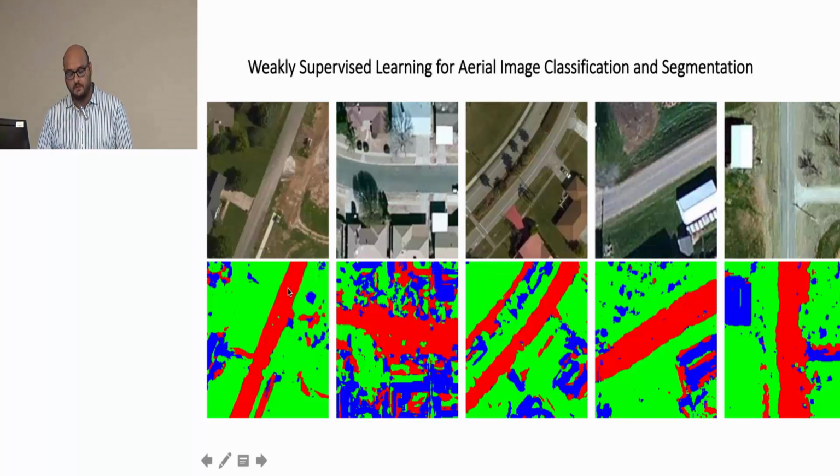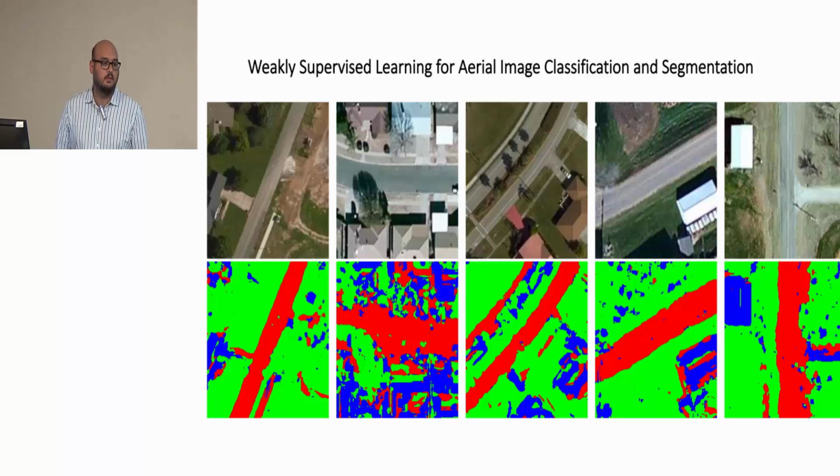This is road, the red one is road, that is vegetation, and the blue one is man-made, like buildings and whatever is man-made. Weak supervision means that even though they don't have segmentation annotations for the aerial image, they have pairs of aerial images, semantics, and the ground level image.